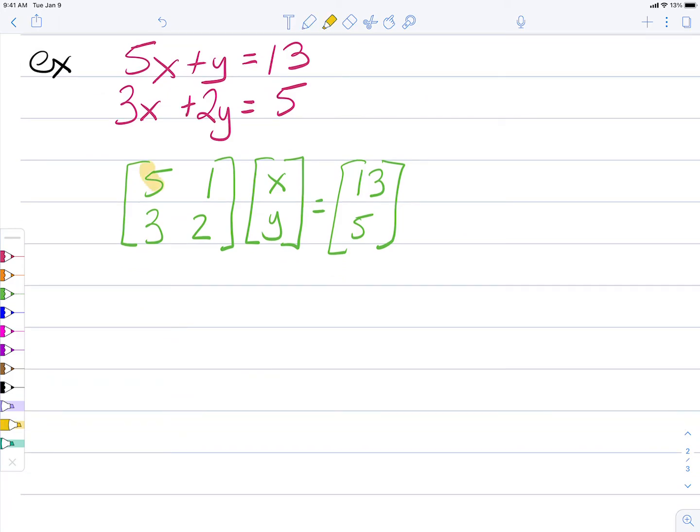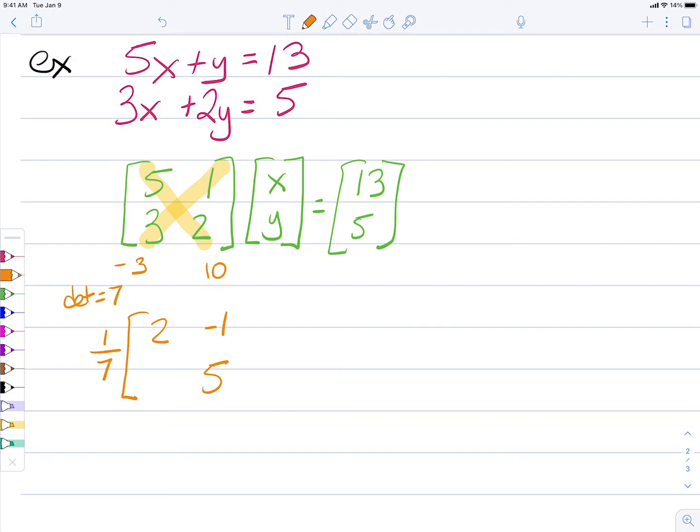So my determinant, 5 times 2 is 10. 3 times 1 is 3, but that's in the negative direction, which means my determinant is 7. So I'm going to multiply my inverse matrix by 1/7. So let's figure out what my inverse matrix is. My 2 and 5 are going to switch places.